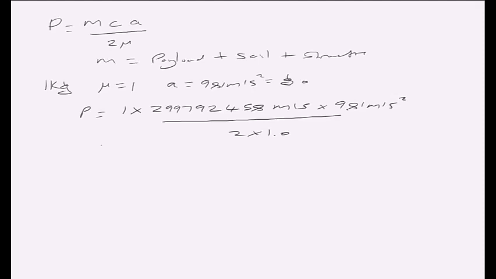And this comes out as 1.47 times 10 to the 9 watts, or 1.47 gigawatts to push a 1 kilogram sail at 1 G.